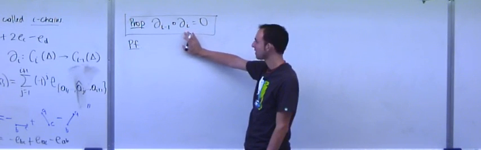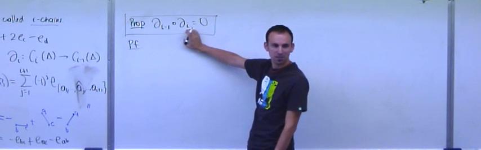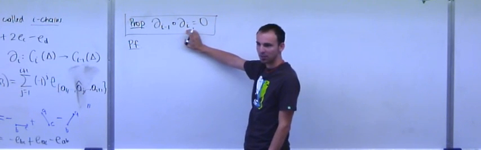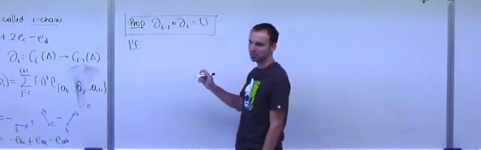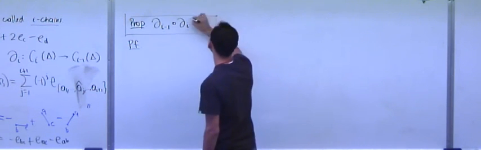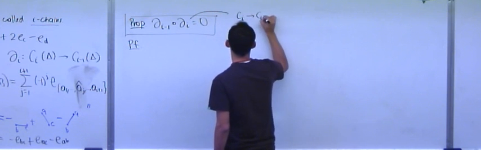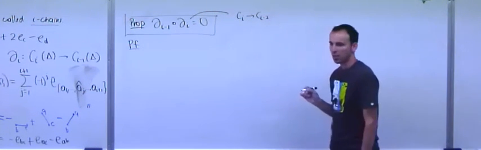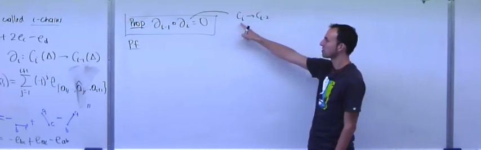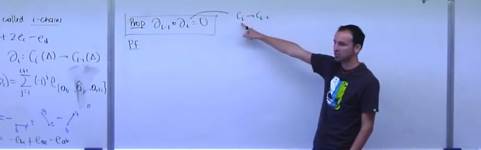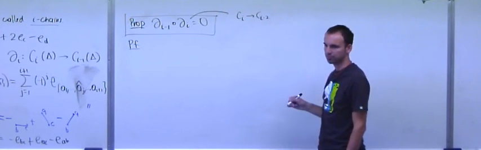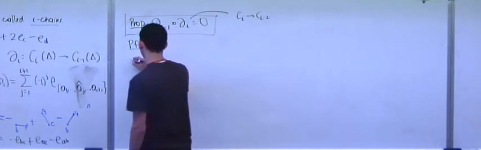Like we said, the input of this thing is i-chains, and the output is (i-2)-chains. So this guy maps C_i to C_{i-2}. And so to show that the map is 0, I just need to show that every basis vector gets sent to 0. So let's just go ahead and compute that.